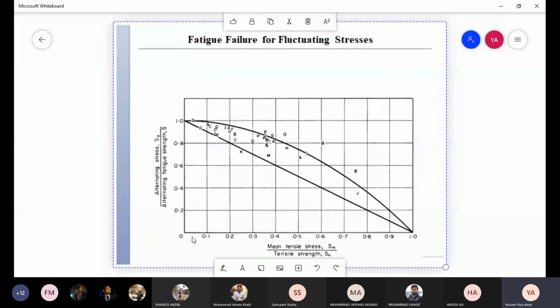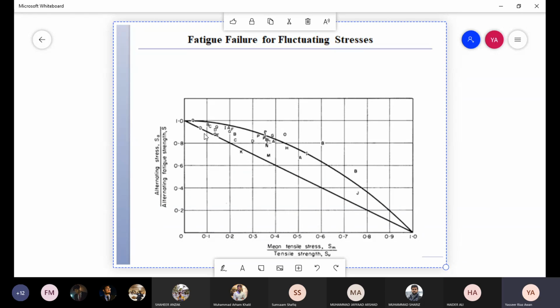Again, this axis is the mean stress and this axis is alternating stress. This is SE and this is SUT. It has just been normalized by dividing by tensile strength, so you get the value 1. But don't be confused by that. This is just SE and this is SUT.